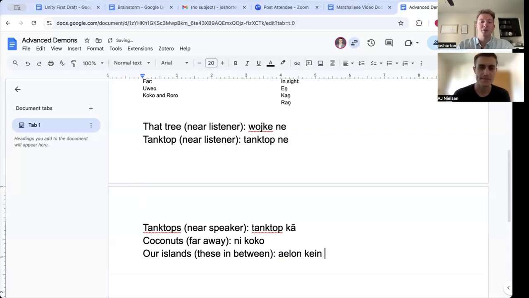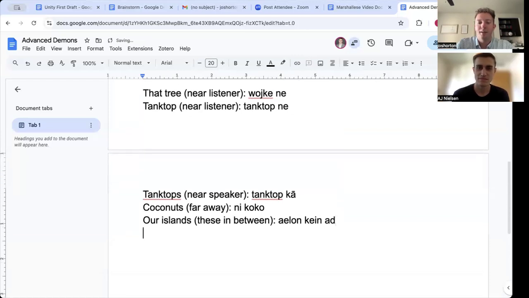And then just to make it ours, belonging to the people, this is throwing in some possessives, it would be our islands. So whenever we have possessives, it goes noun, demonstrative, possessive. Feel free to throw in possessives with these as well.